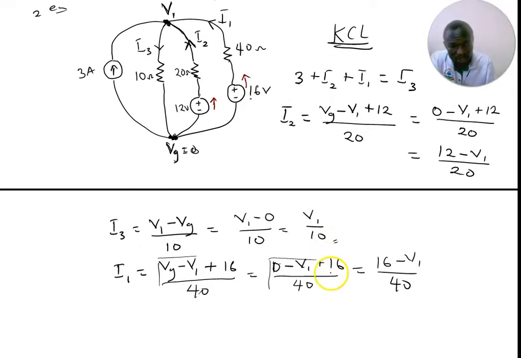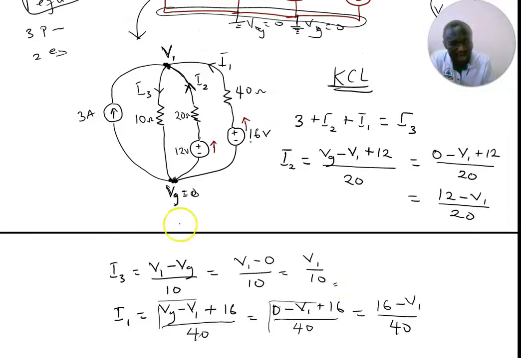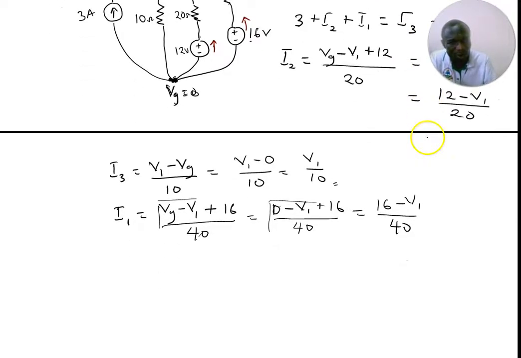So let's continue. So now that I've got my I1, I2, and I3, this equation 1, I'll substitute the values into equation 1. So if I substitute the values into equation 1, what do I get? I'm going to get 3 plus, what is I2? I2 was given as what? 12 minus V1 on what? On 20.